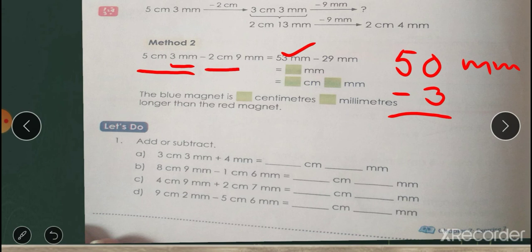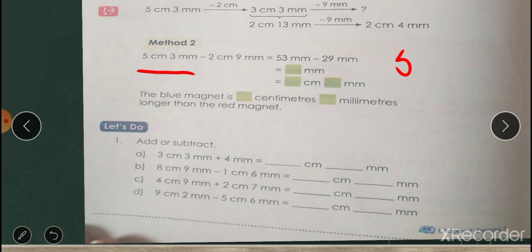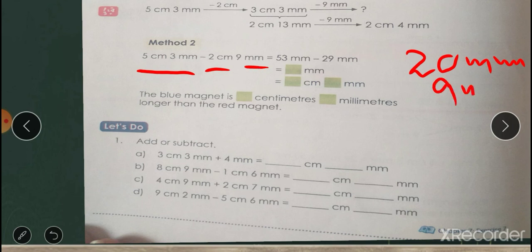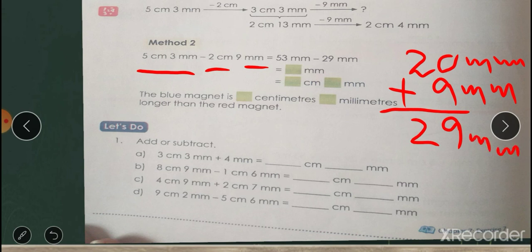Now coming to the length of the red magnet, that is 2 centimeter 9 millimeters. If we convert 2 centimeter into millimeters, that would be 20 millimeters, and 9 millimeter would be the same. If we add them, we would get 29 millimeters.